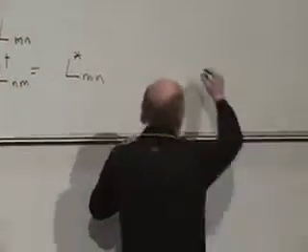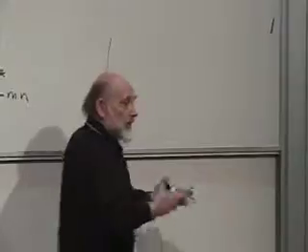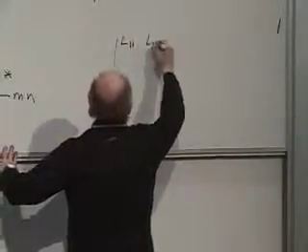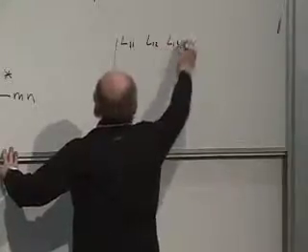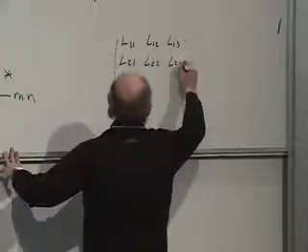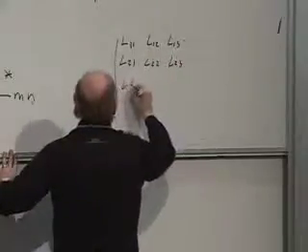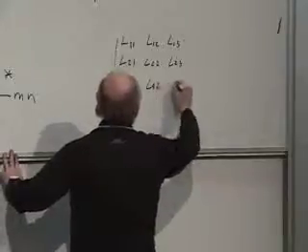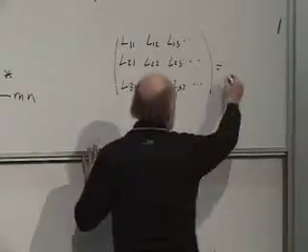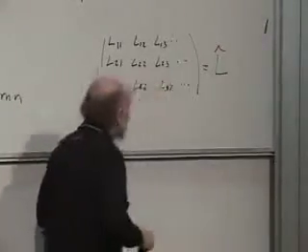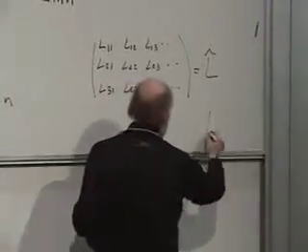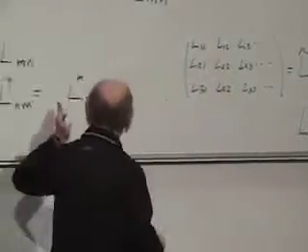In terms of matrices, what this means is that if you have a matrix L11, L12, L13, dot, dot, dot, L21, L22, L23, dot, dot, dot, L31, L32, L33, dot, dot, dot, this is the matrix representing the operator L. Then for the matrix representing the operator L dagger, the Hermitian conjugate, you interchange bras and kets.